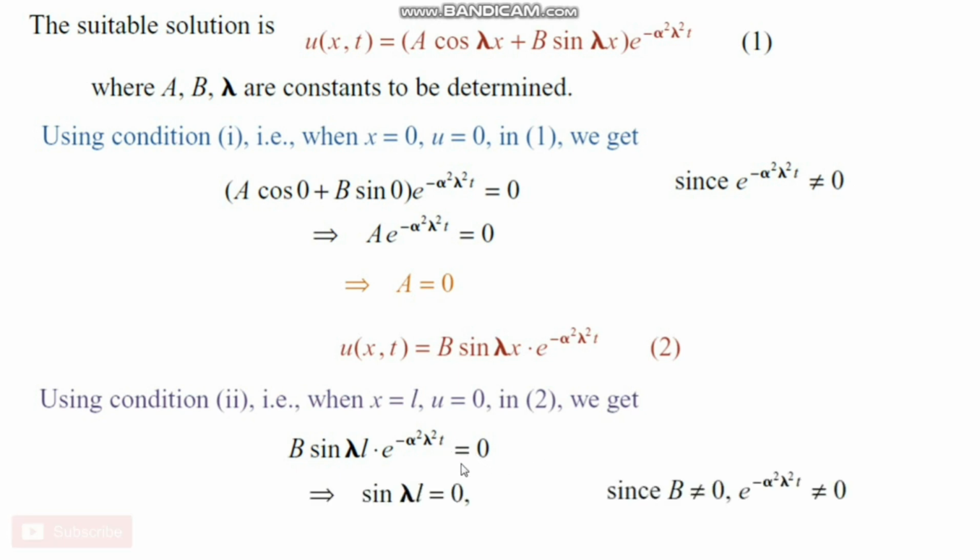Here B is non-zero valued, e^(-α²λ²t) is non-zero valued, which implies that sin λL equals 0. For what values of λL is it 0? For sin nπ, we will get the 0 value. Therefore, λL equals nπ, which implies that the value of λ is nπ by L, n varying from 1, 2, 3 and so on.